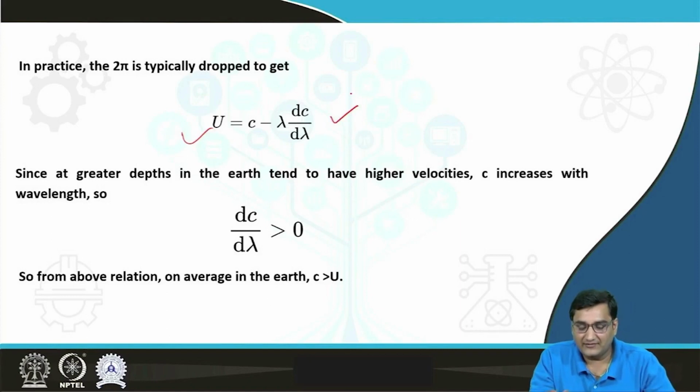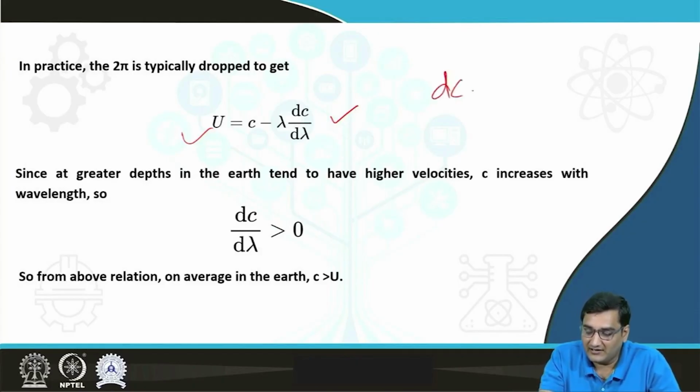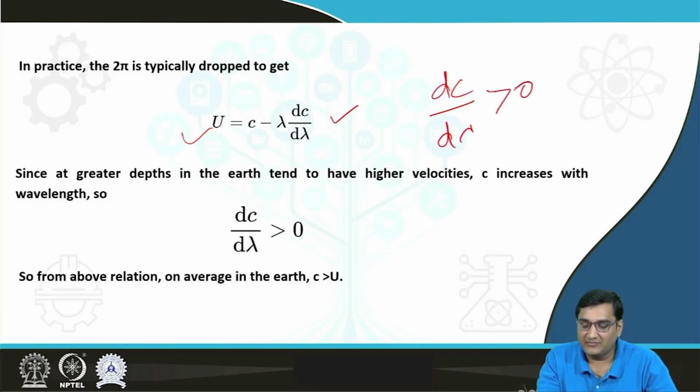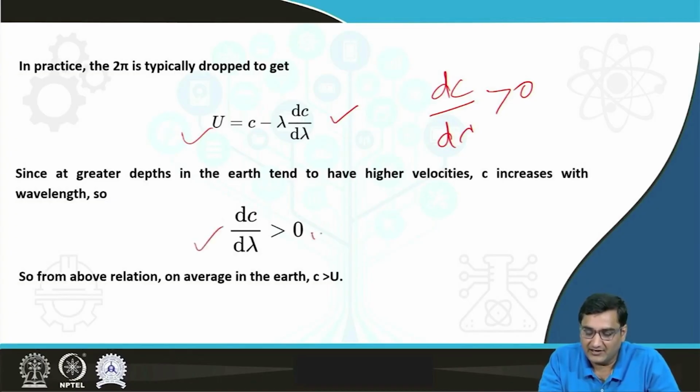So if you look at the real earth situation, the velocity tends to get higher and higher as the depth increases. So you can also say that dc by d lambda is greater than 0. That is because as you go deeper and deeper, the higher values of the wavelength are sensitive to the higher depth, which means that dc by d lambda will be greater than 0.